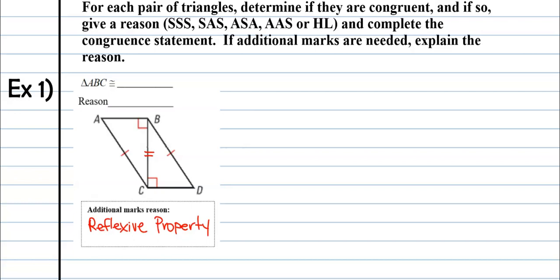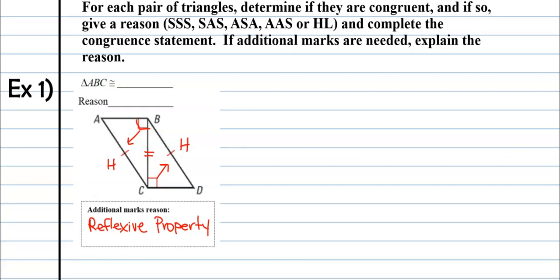Okay, next thing I realize is that we're dealing with right triangles. Anytime we're dealing with right triangles, we should see if hypotenuse leg works. So if we look across from the right angle, there's a hypotenuse. It has 1 mark. Over here, across from the right angle is a hypotenuse, and it has 1 mark. Okay, so we're off to a good start with hypotenuse leg.